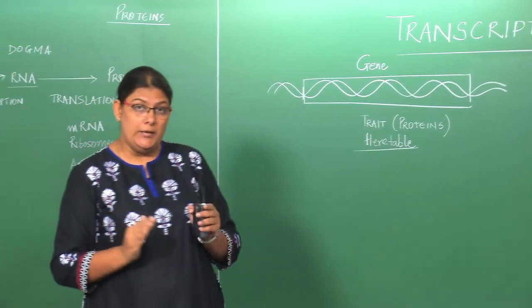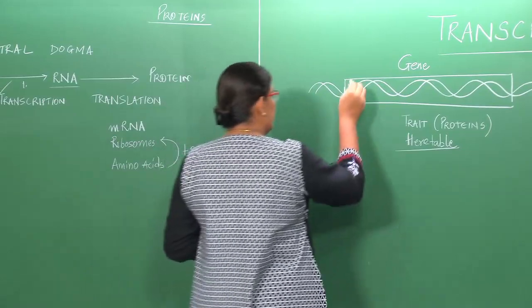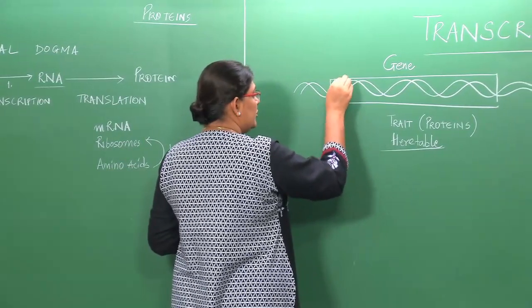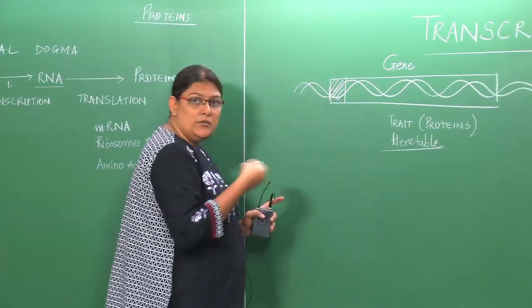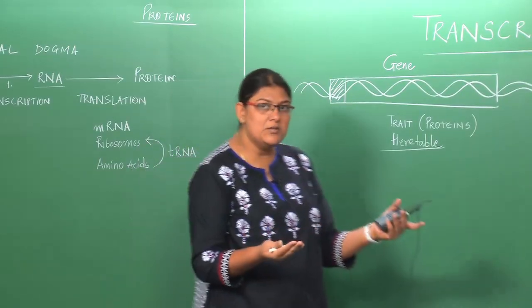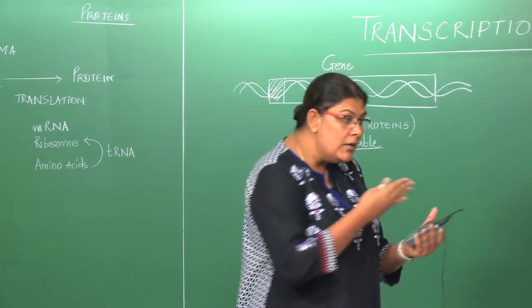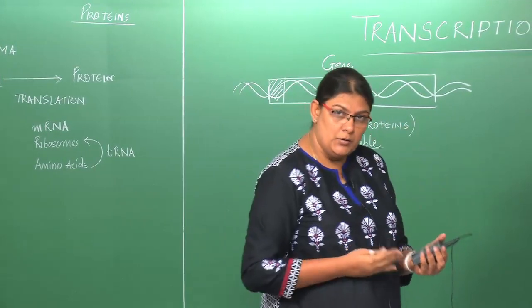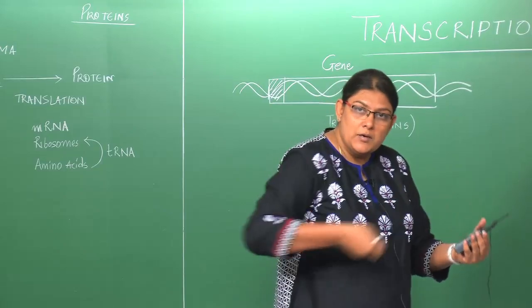And each gene has a section which determines from where you need to start reading the code, from where you need to start copying the code. If I give you the instruction manual and tell you to start copying from the start page, you need to know where to start copying.